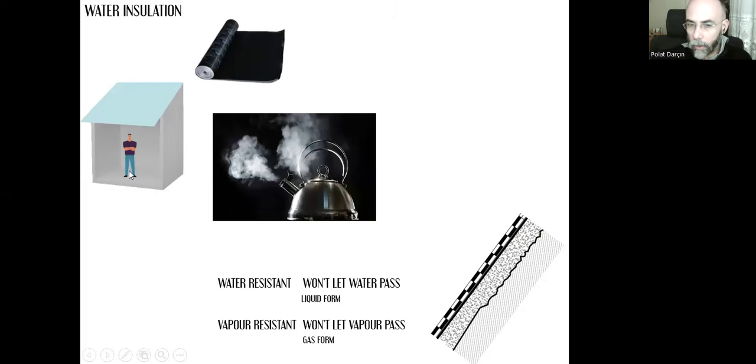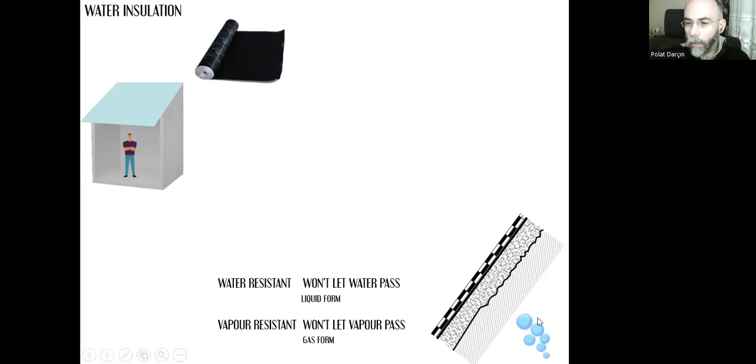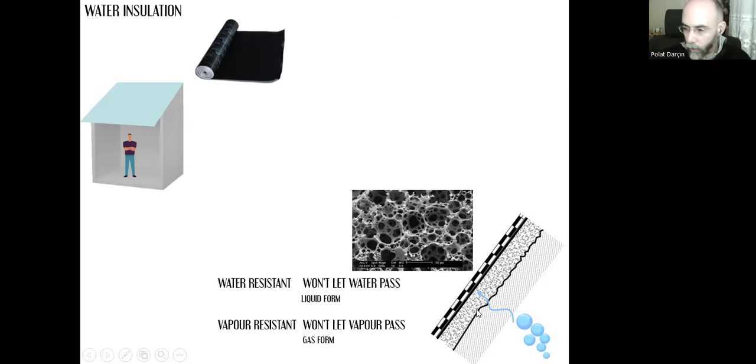If the lower space, indoor space, is a kitchen or a bathroom or any other space that produces lots of water vapor like this, then all this excessive vapor, the water in gas form, will rise above, and all the other layers like this reinforced concrete surface or this leveling concrete, because they are porous, will let the water molecules, gas molecules, pass through the section.